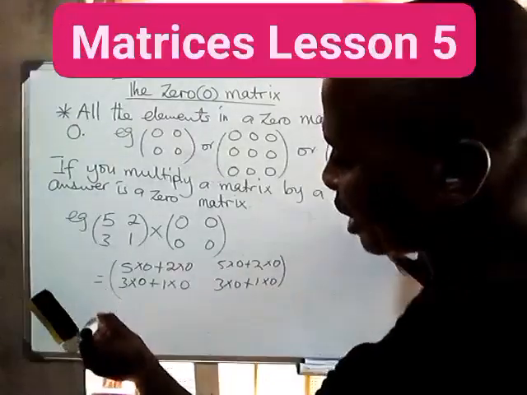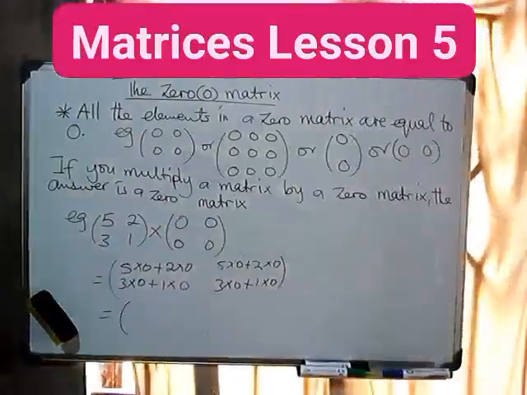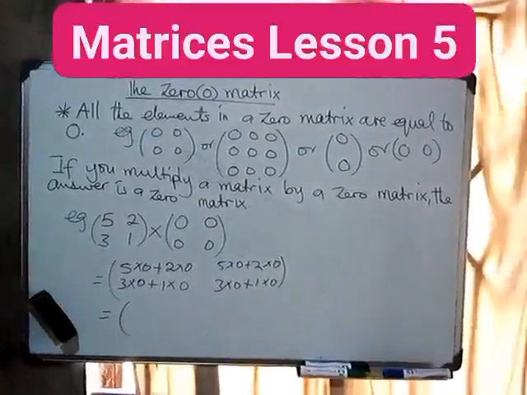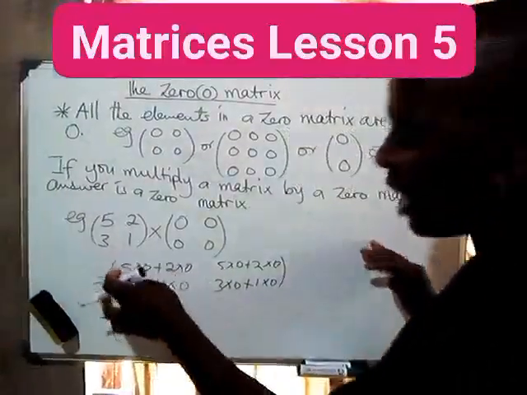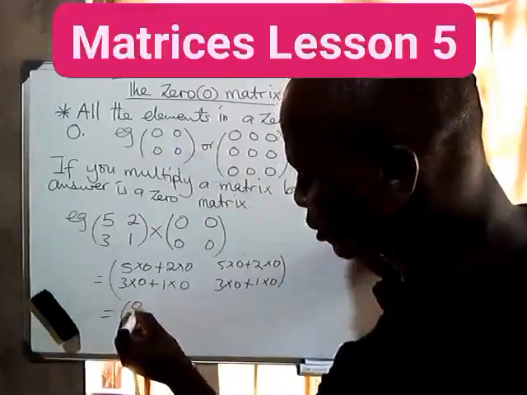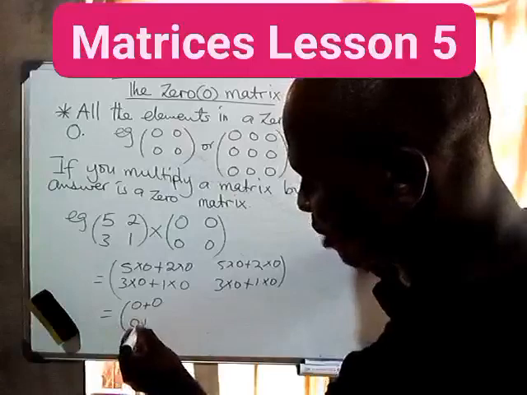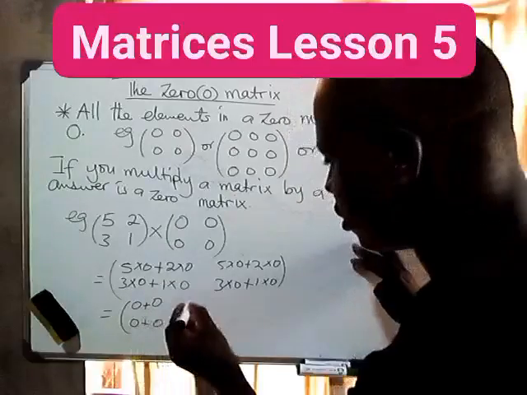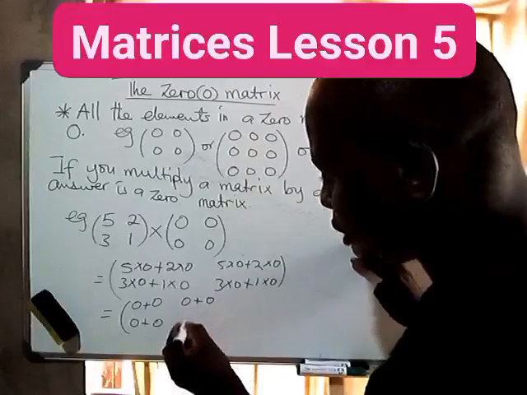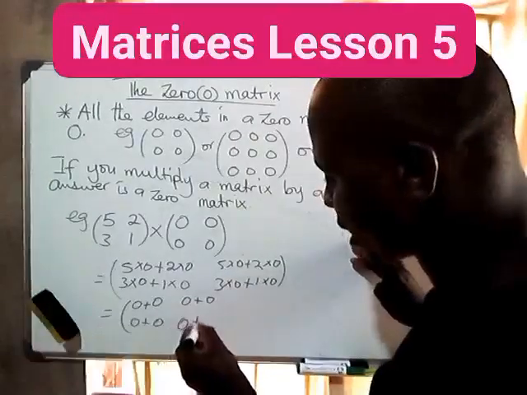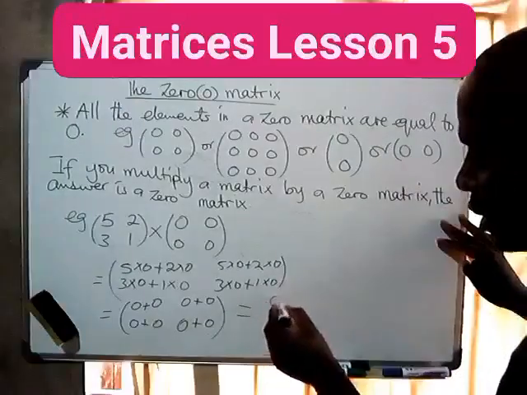So what are we having there? We continue to find the answer. 5 multiplied by 0 is 0, plus 0. Then here it is 0 plus 0, and there 0 plus 0, and here 0 plus 0.